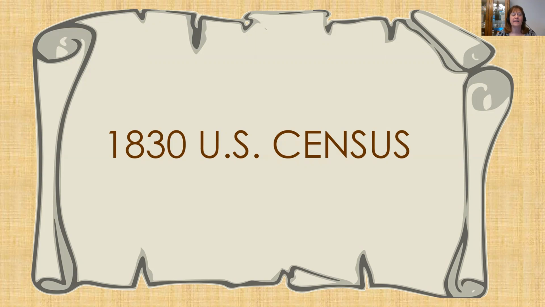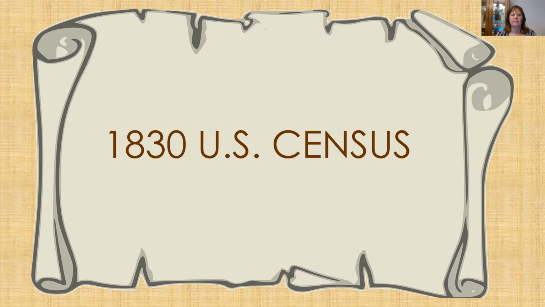The Census Act of March 23, 1830, incorporated these changes, and the official date of the census was June 1, 1830. With the addition of the state of Missouri, there were a total of 24 states in the Union at the time of the 1830 census.